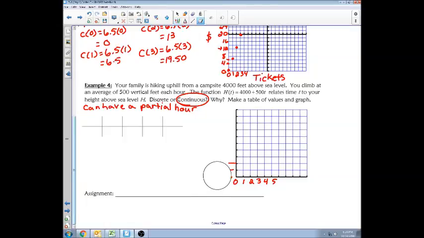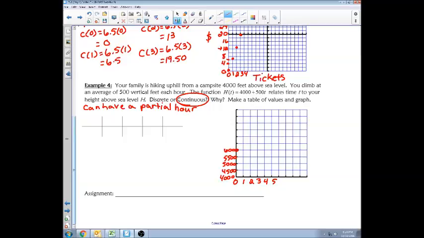That doesn't really make sense, does it? So what we're going to do is we're going to make our bottom line 4,000 and go up by 500 at each point. If we need to continue, we will, but right now I'm going to stop at 6,000, okay?